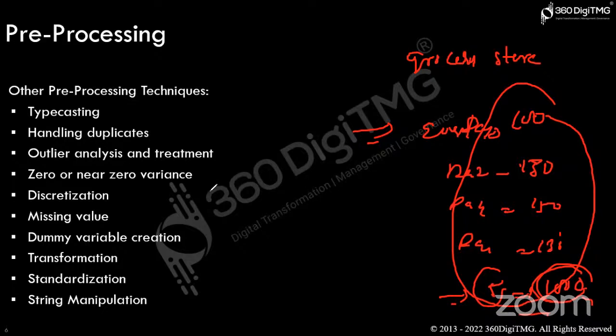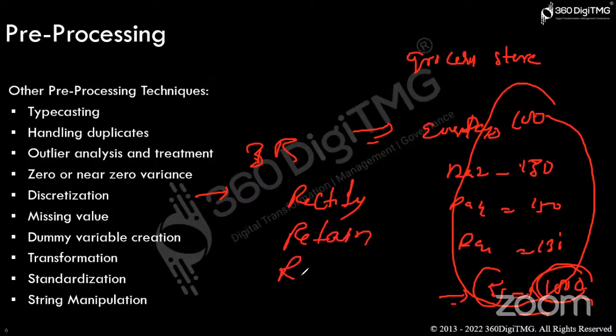In order to deal with outliers, we will be having 3 techniques: rectify, retain, or remove. What is rectify, retain, and remove? First, we'll see whatever the observation we made. Is it a genuine entry?